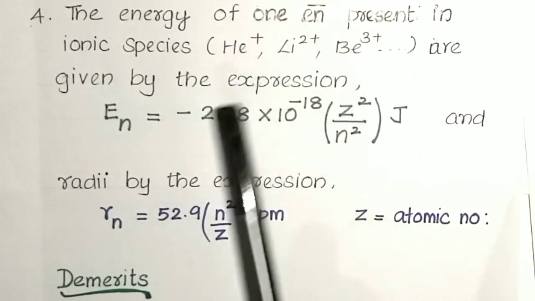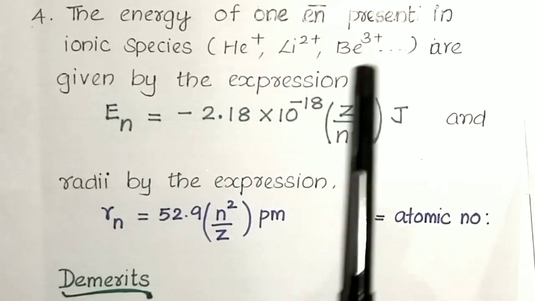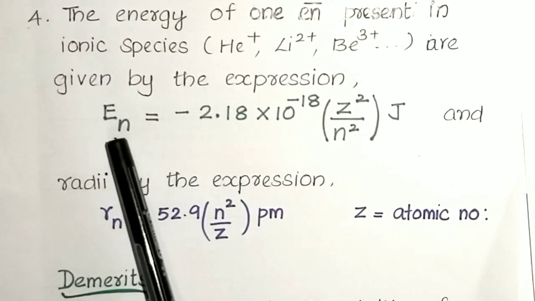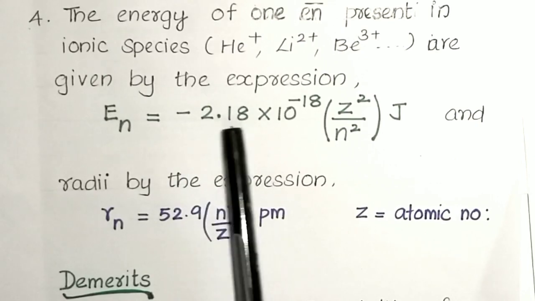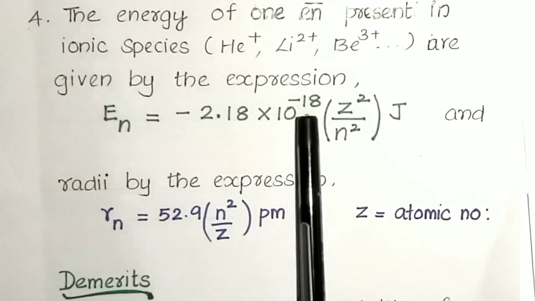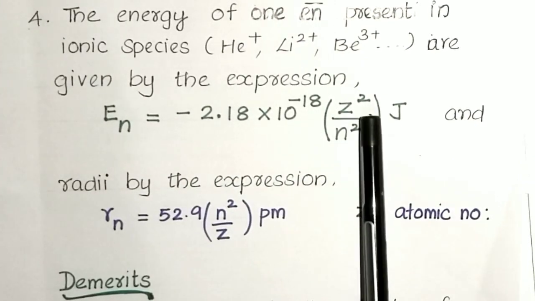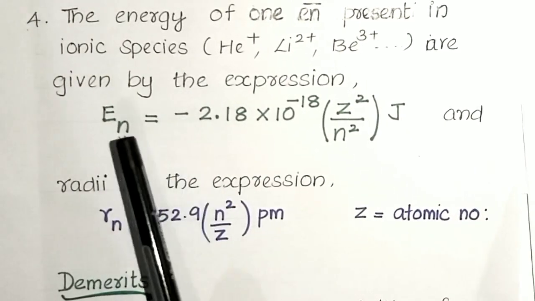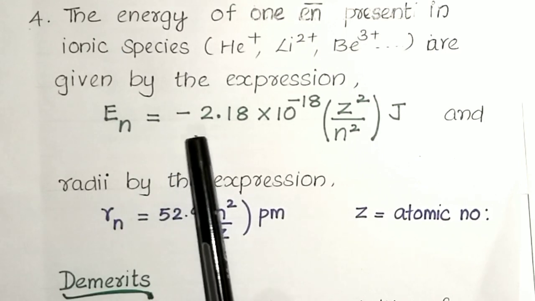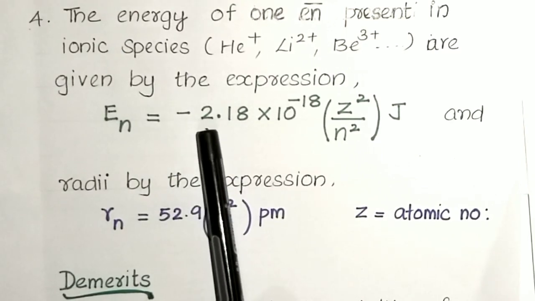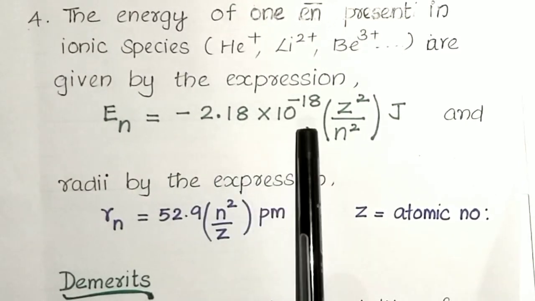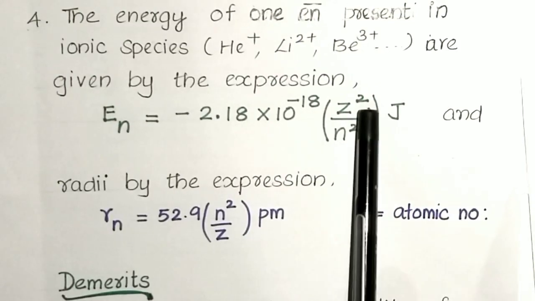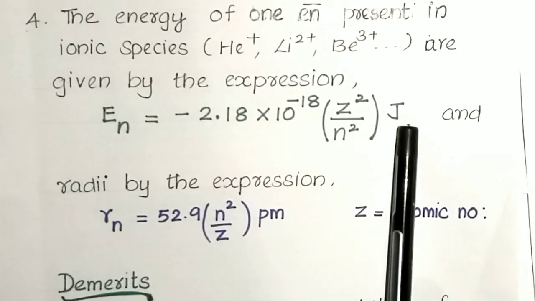Then the energy of 1 electron species is given by the expression En is equal to minus 2.18 into 10 raised to minus 18 Z square by n square joules. So the energy of a 1 electron system can be given by the expression minus 2.18 into 10 raised to minus 18 Z square by n square joule.